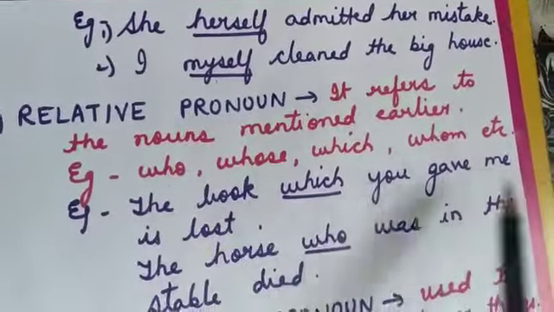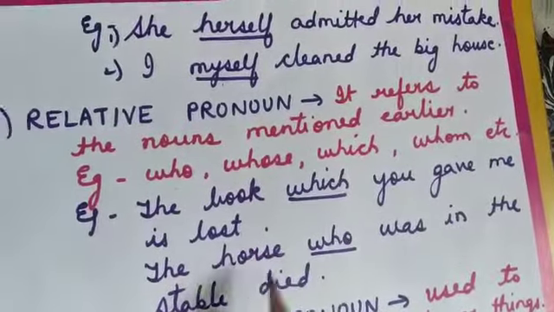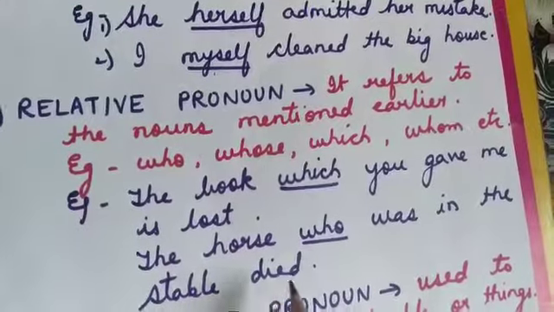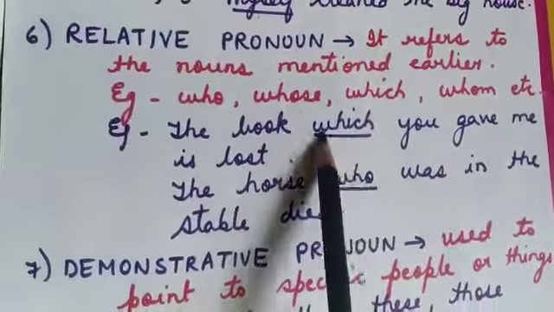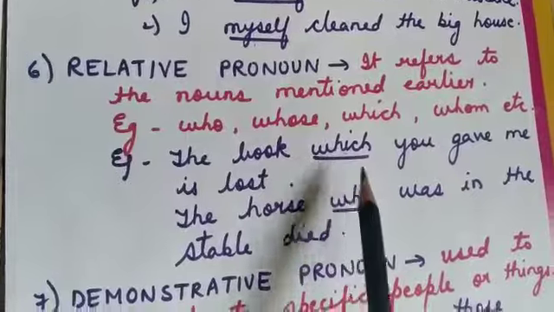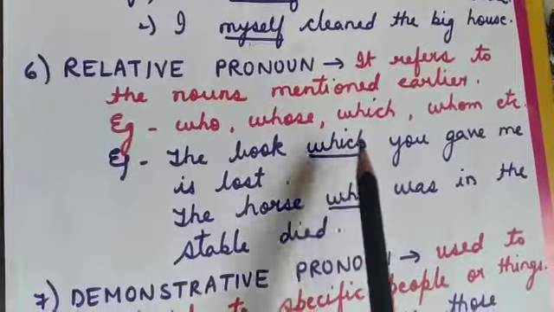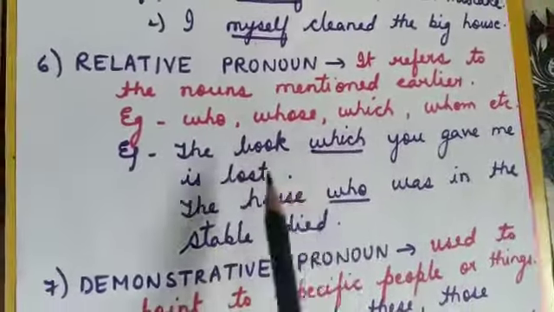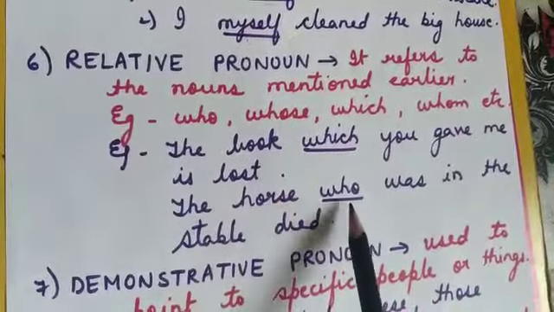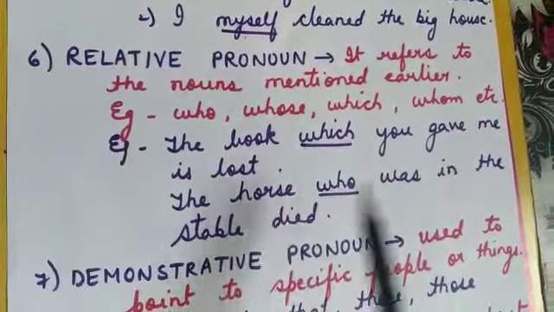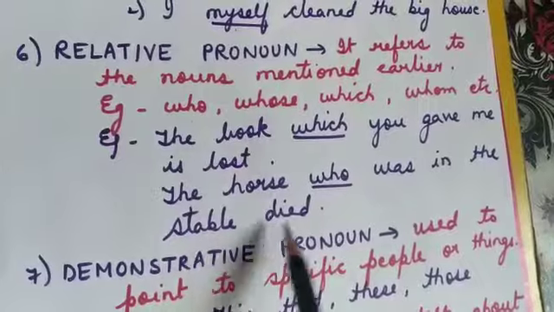The book which you gave me is lost. The horse who was in the stable died. So which and who are relative pronoun because I am referring to the book which you gave me, and here I am referring to the horse who was in the stable and who has died.